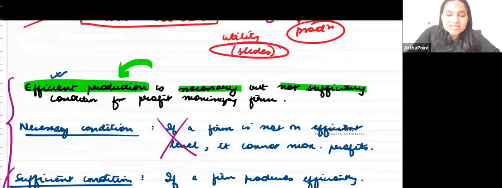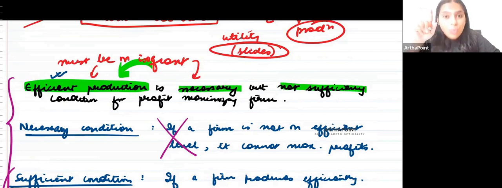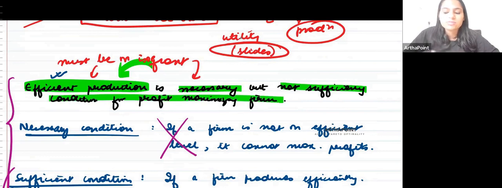This says that I must be on my isoquant for me to produce efficiently. But not all points will be the profit maximizing point. Only one point on the isoquant will maximize my profit. So it's not a sufficiency condition.